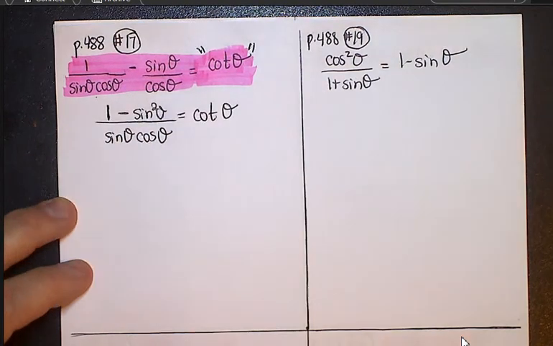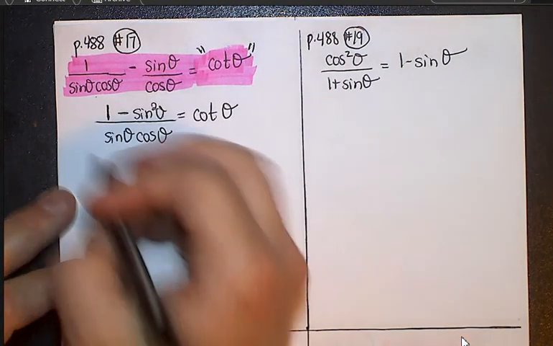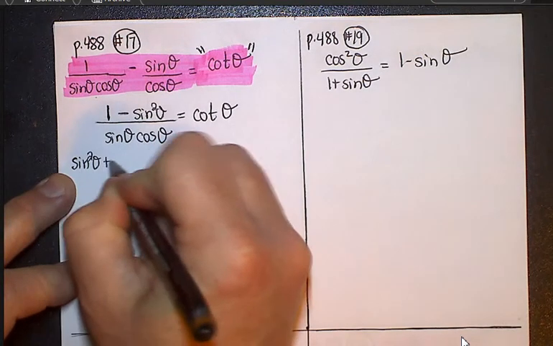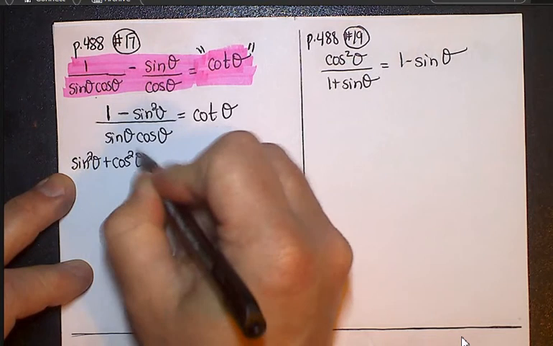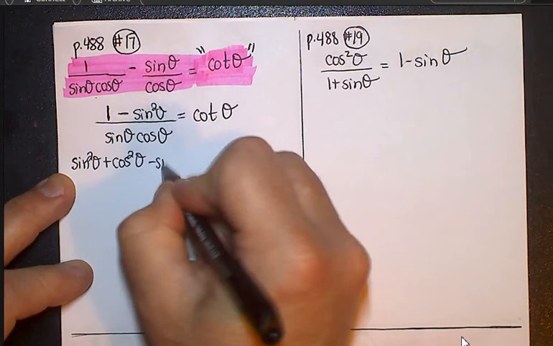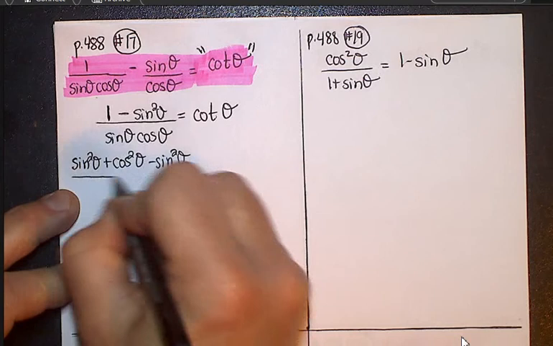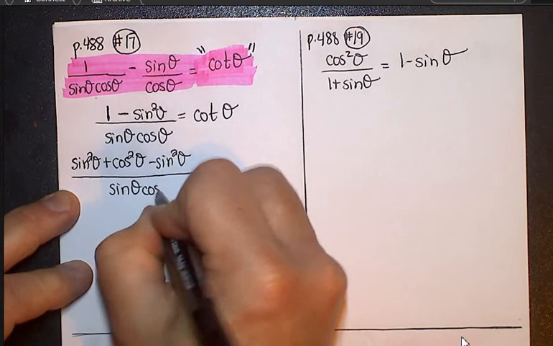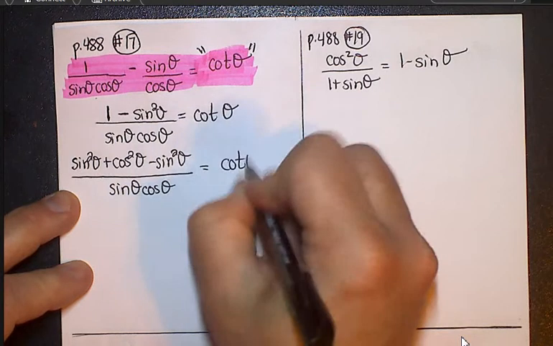And again, I'm going to look at that 1, and I'm going to use Pythagorean's identity, which is sine squared theta plus cosine squared theta, and then finishing it minus sine squared theta. All that's over sine theta, cosine theta, and that's supposed to equal cotangent of theta.